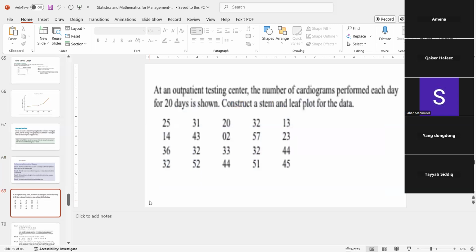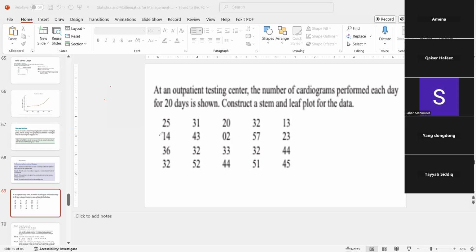Consider this data as the data to be plotted for the stem and leaf chart. Let me annotate again. For the stem and leaf plot, we would be considering the observations.